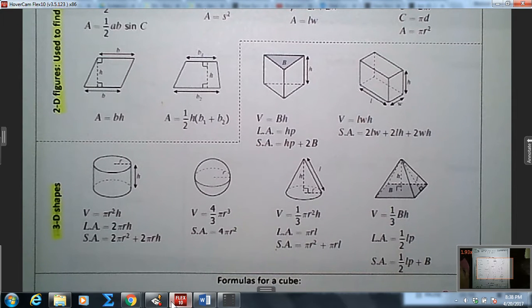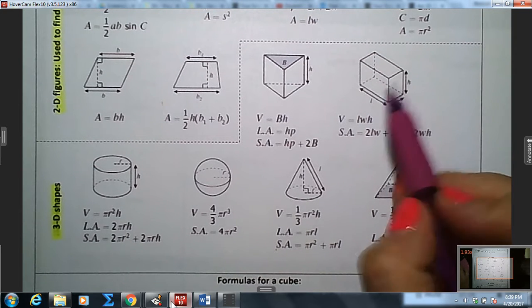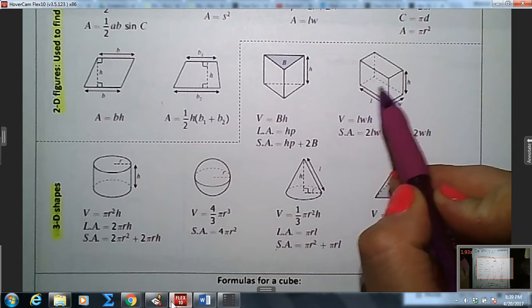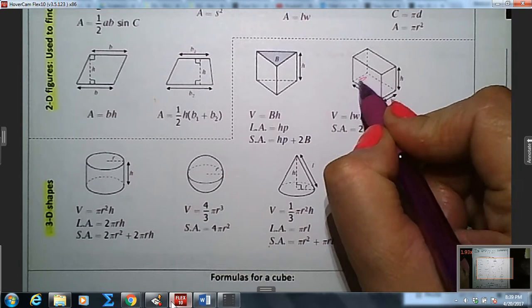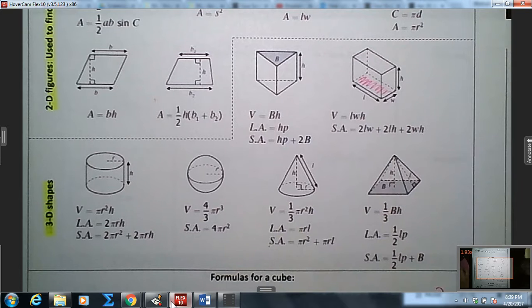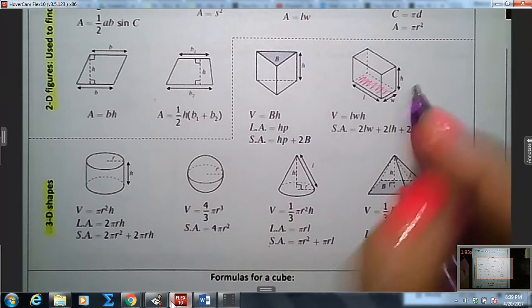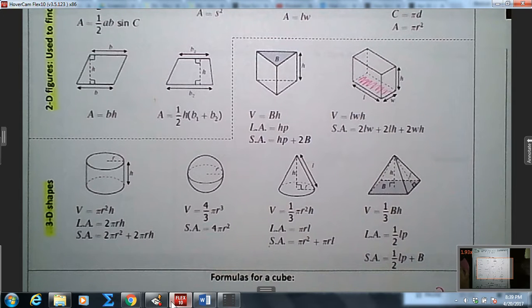The lateral area of a three-dimensional figure is the area of its faces and not its bases. So if we're saying that the base of this rectangular prism is the bottom rectangle, then we need to come up with a formula that eliminates the bottom and top rectangles.